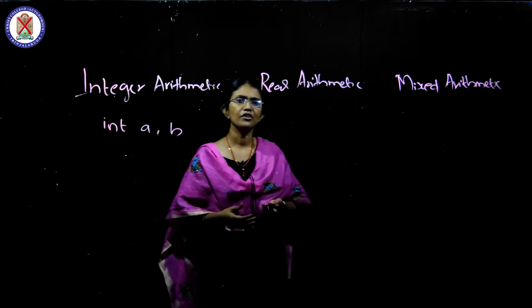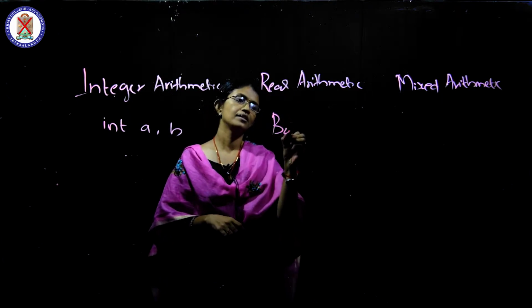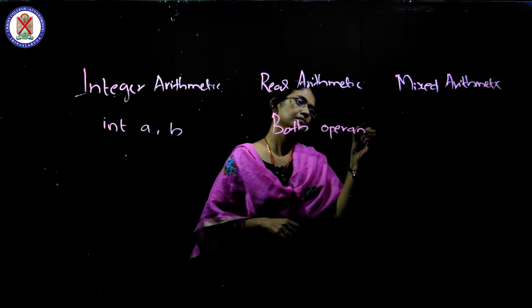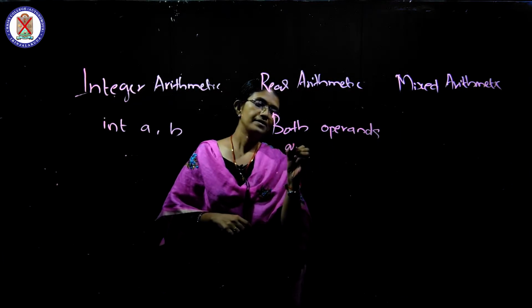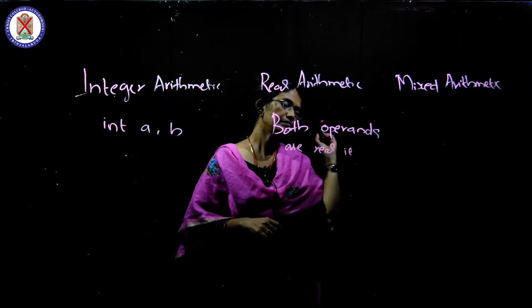Now we see real arithmetic. In real arithmetic, both operands are real.